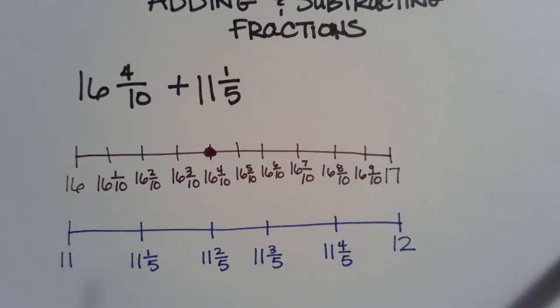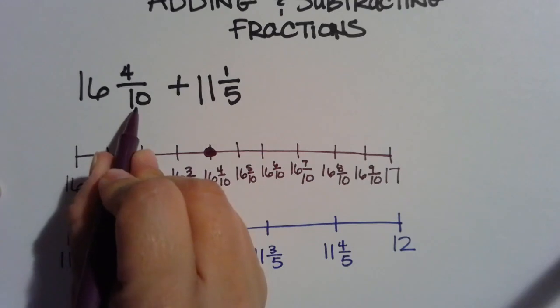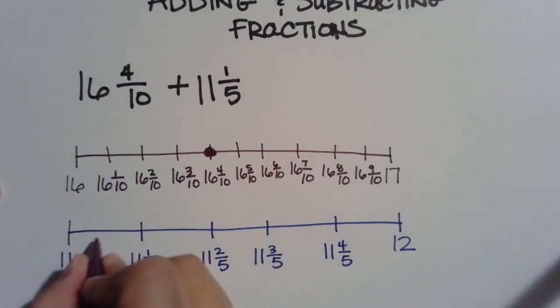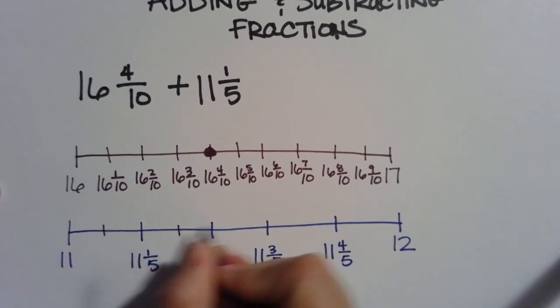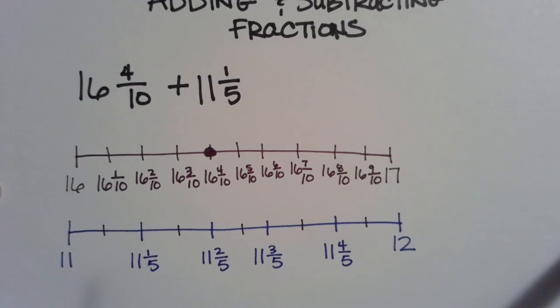Okay, so now this number line is going to have 10 different sections. Okay, right now it just has 5. So I'm going to add another line between all of these, and now instead of 5 sections we have 10. Okay, so now this number line is no longer fifths, now it's tenths.